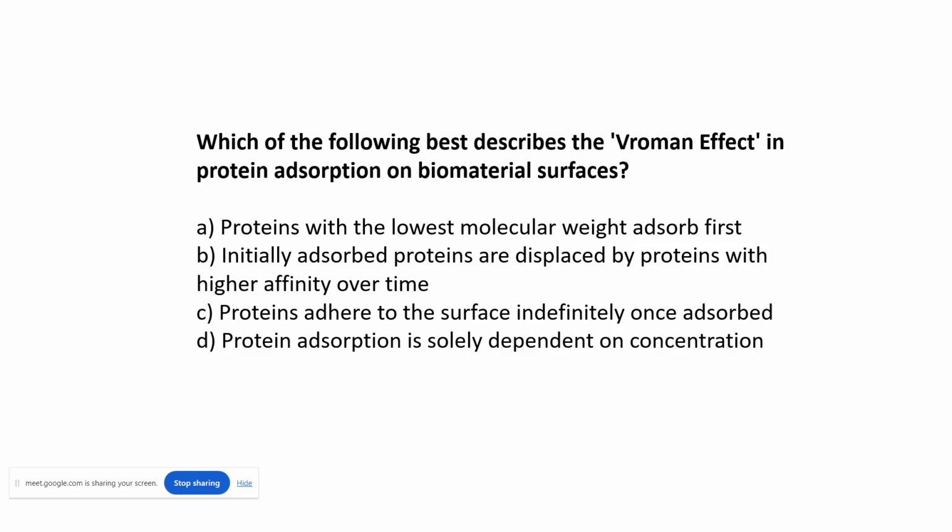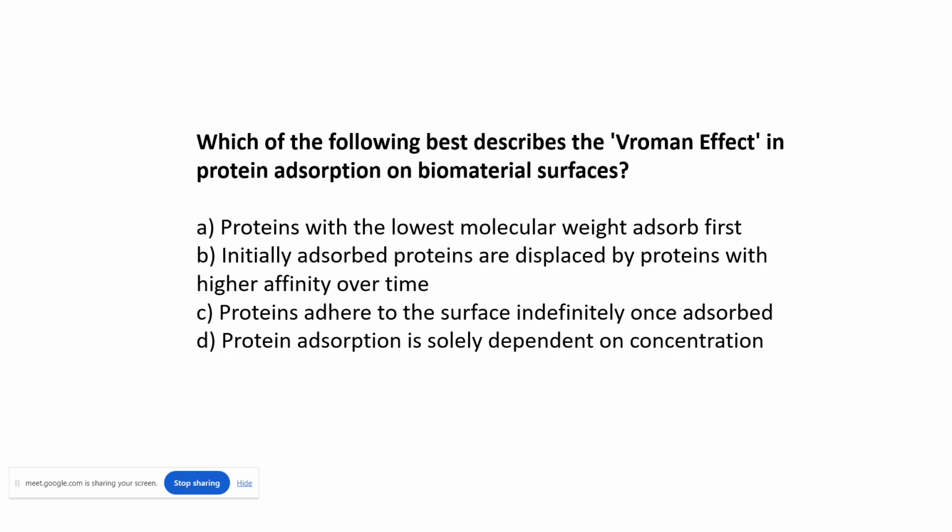So the Vroman effect is where the initially adsorbed proteins are displaced by proteins with higher affinity over time. If you introduce a biomaterial or any foreign material in the presence of cells and proteins, first water will come in contact with your material, followed by proteins and then cells.